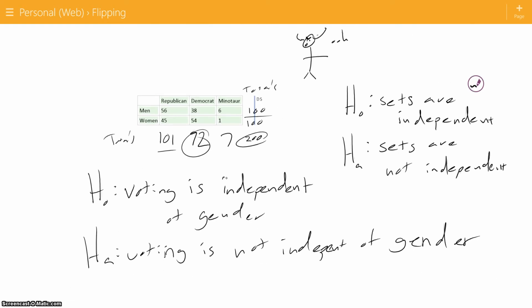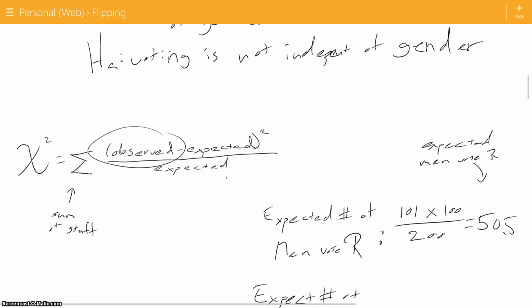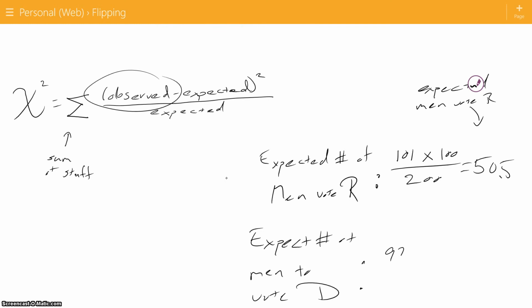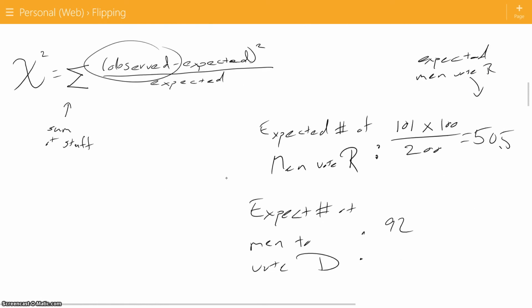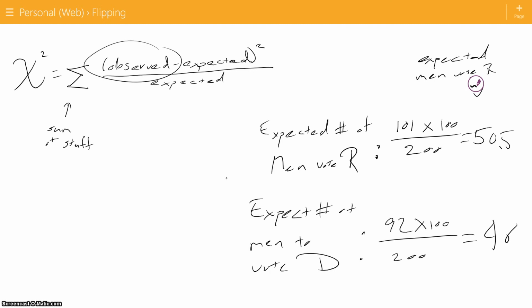I've got 92 is my total number of voters for Democrat. I've got 100 again. I'm going to use that same 100 because I've still got 100 men. Divide by, I've still got 200 people total. So 92 times 100 divided by 200 will just give us 46.